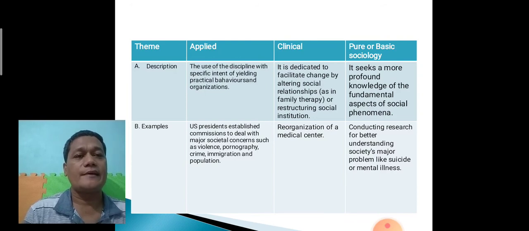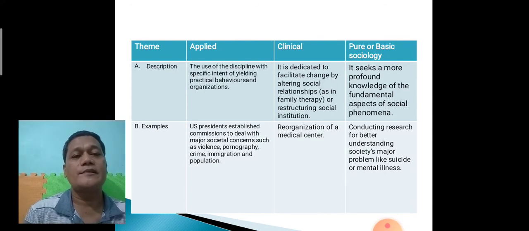So, sa applied sociology, sabi diyan, the use of the discipline with the specific intent of yielding practical behaviors and organization. So, ang gusto lang nila ay yung practicality noong some specific action in study and even research na gagawin nila.